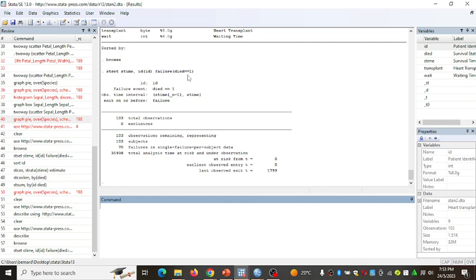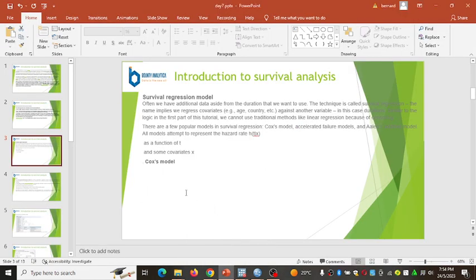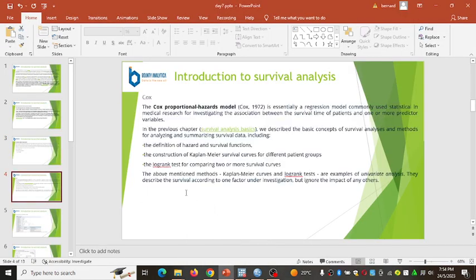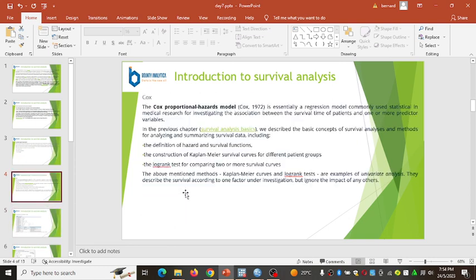These are observations, failure events, died 1. Now we have the dataset in survival analysis format. Let's go back to our presentation and see what we can do.